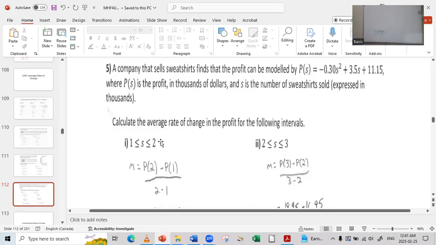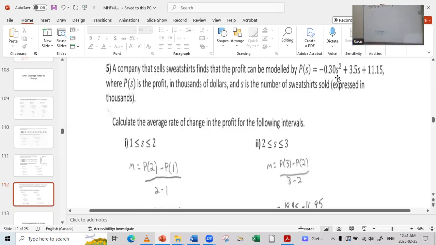So here the function is, like you see here, 30 s square plus 3.5 s plus 11.15.